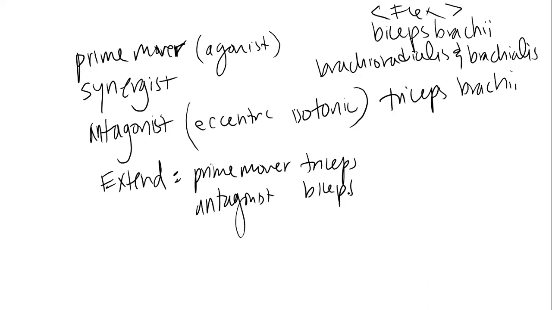And please don't ask about synergists, because off the top of my head, I don't know, and it also depends on what else you're doing. So that's where we see more of a realistic function of the muscles, because they don't actually work by themselves, they work together.